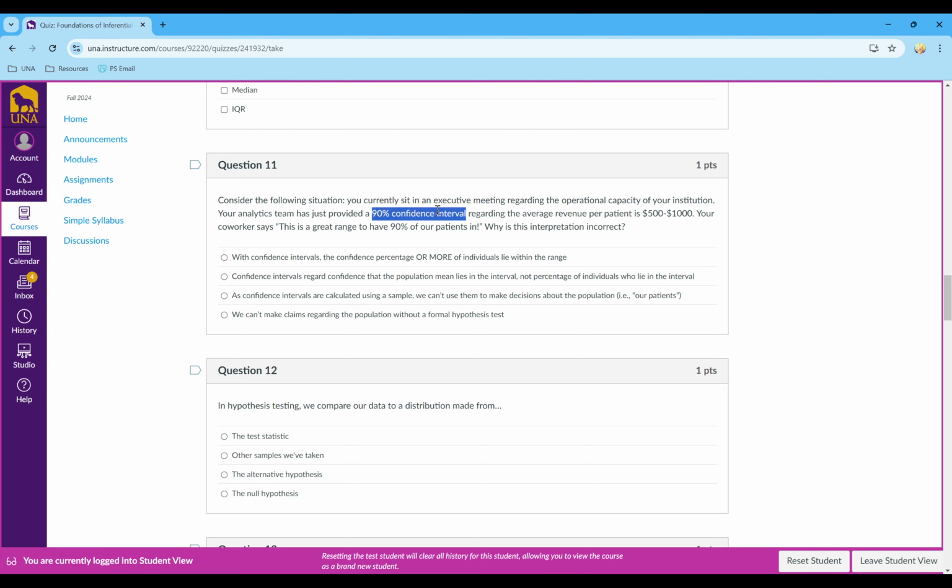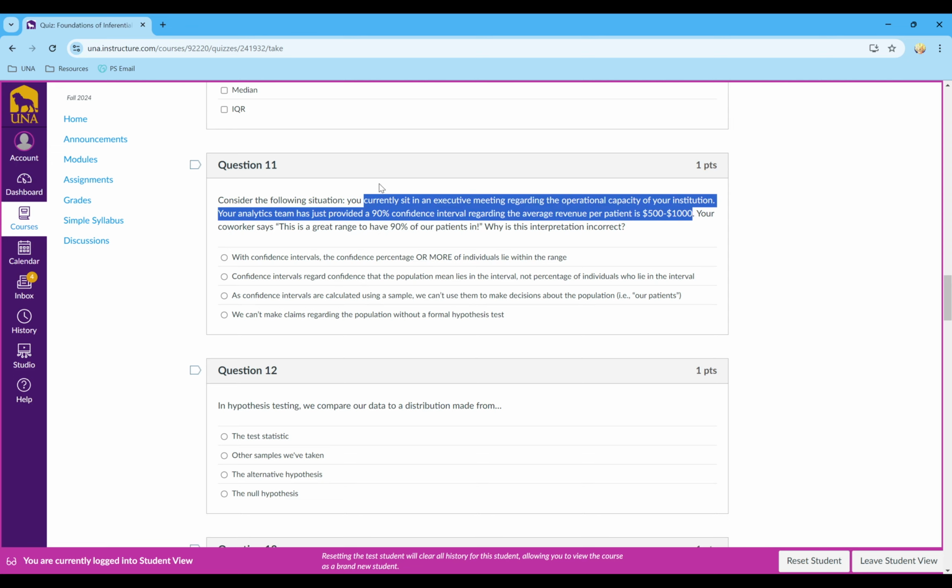So it kind of goes back to what is a confidence interval. The fact that you have a 90% confidence interval of this range does not mean 90% of your patients are in there. In fact, the higher the sample you have, the more narrow this confidence interval is going to be, and the more of your patients are not going to be in that, because this is talking about a mean.